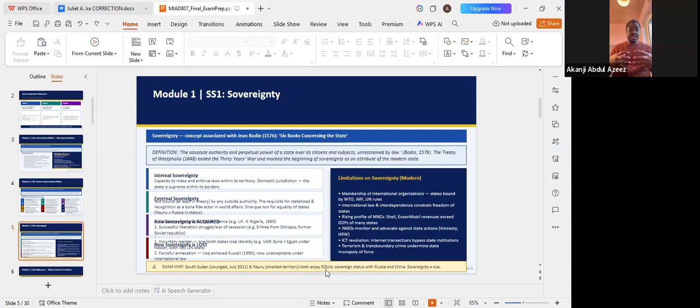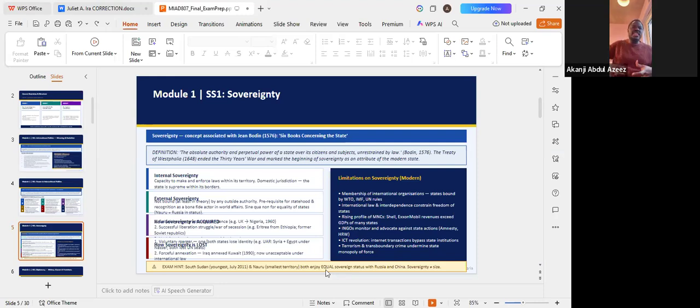Thank you very much. The absolute power a country has to protect its territory, and its people, not the territory only. So sovereignty means a state has supreme authority over its people and territory, and it is not controlled by any other power.